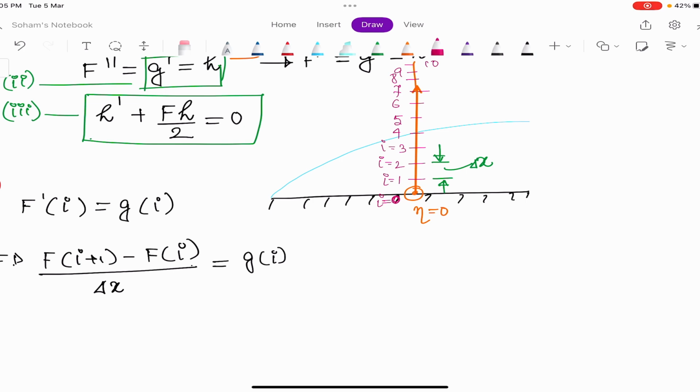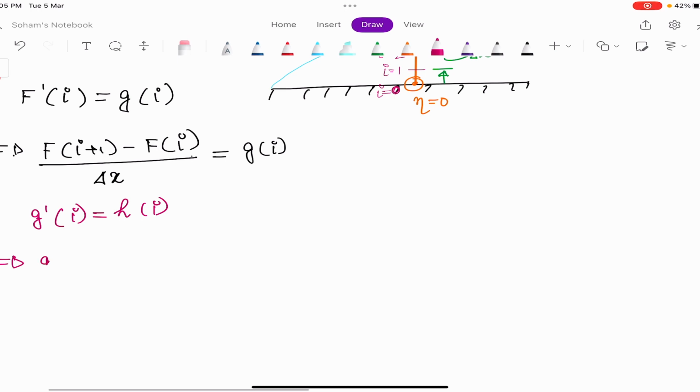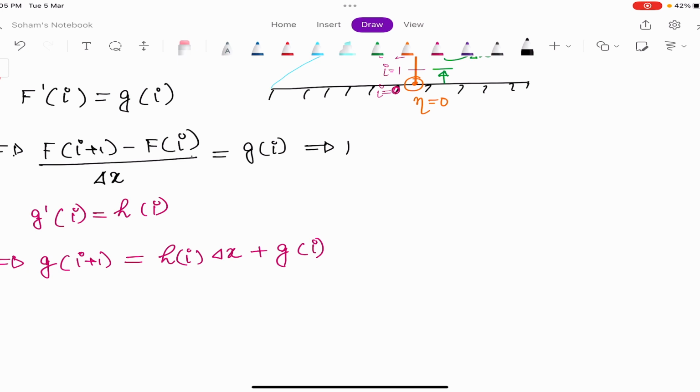The second equation is g dash I equal to h I, and that will become g of I plus 1 equal to h I into delta x plus g I. In a similar fashion, f of I plus 1 will be g of I into delta x plus f of I. Let me again write with another color.